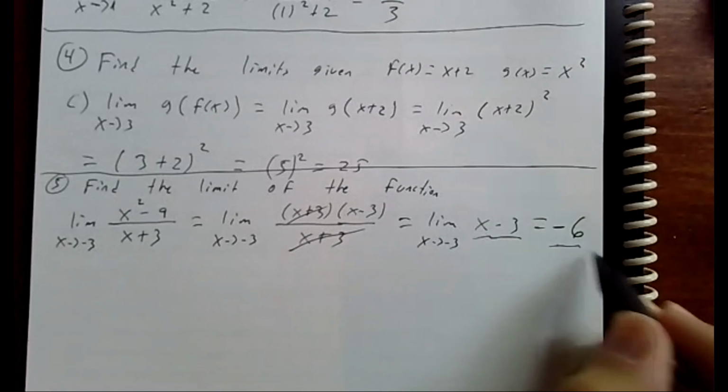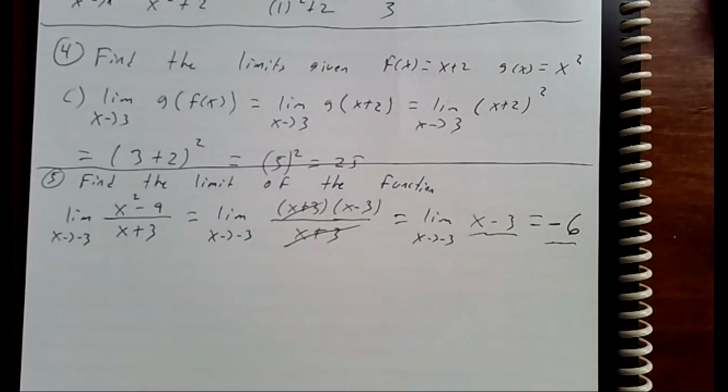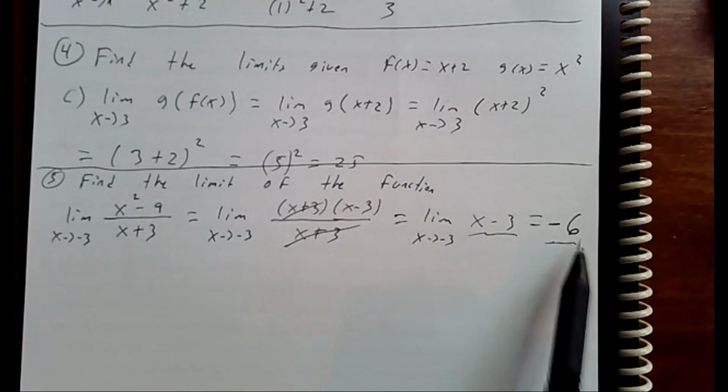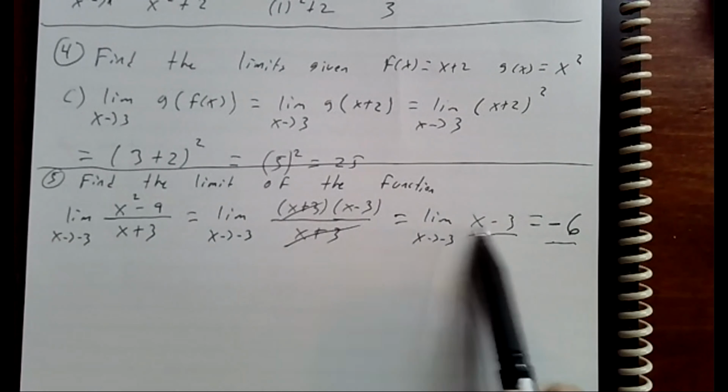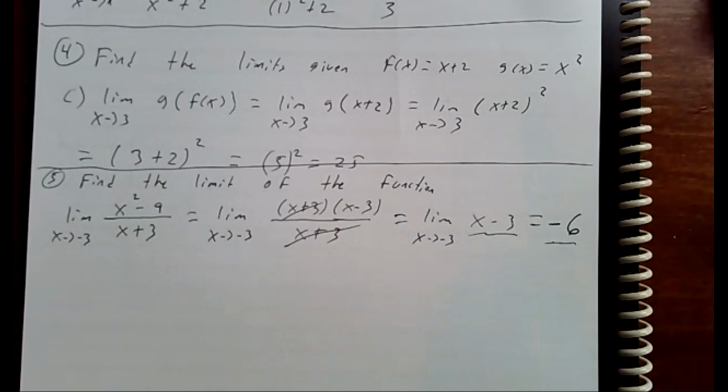This is the limit. Because they'll ask you on part A and part B, what's the limit? Well, here it's right here. And this is the factored form, the simplified form, I should say. Any questions on 5? So we use algebra to remove a problem. So -6 would be the actual answer, like you were saying. Yeah, -6 is the limit. Gotcha.